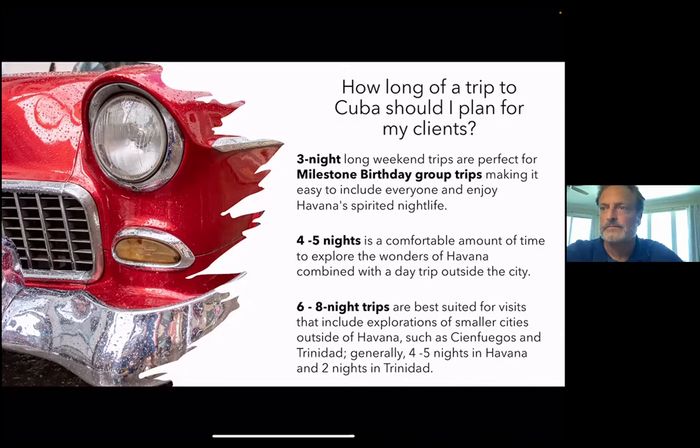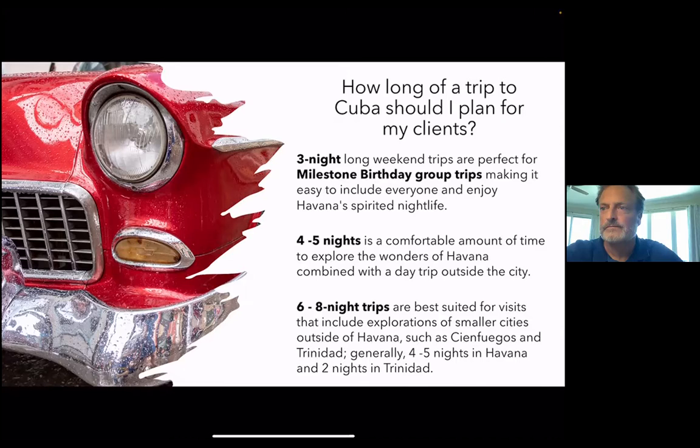Most of the other trips would fall in the 4 or 5 night range. These trips will be based in Havana, meaning even though we'll take the clients out into the countryside, they will not be moving hotels on a 4 or 5 night trip. They're staying in one hotel in Havana. And just to be clear, for those who haven't been, Havana, first and foremost, is the place you need to see.